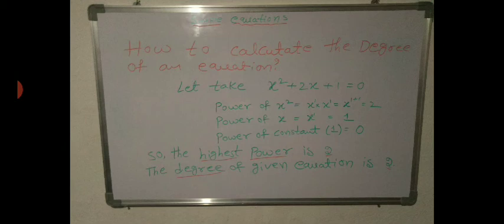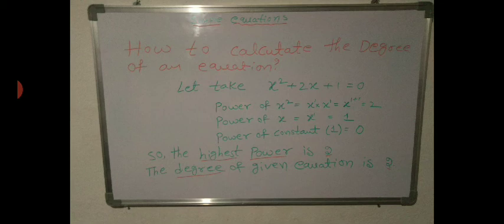What we discussed earlier, if bases are equal, the powers should be added. So x to the power of 1 plus 1, that is x square. The power of x square is 2.